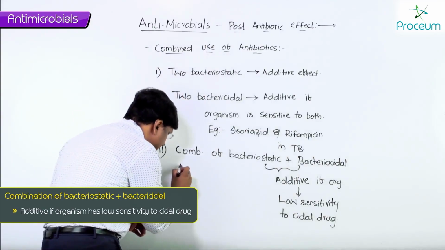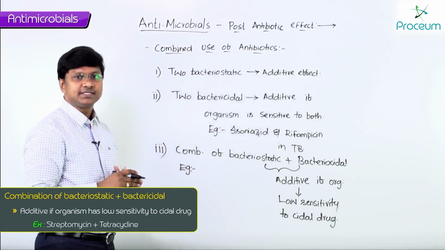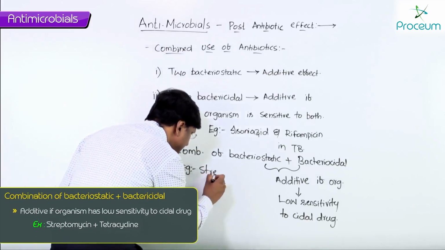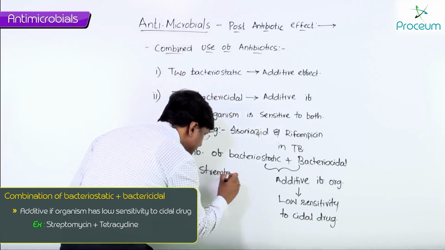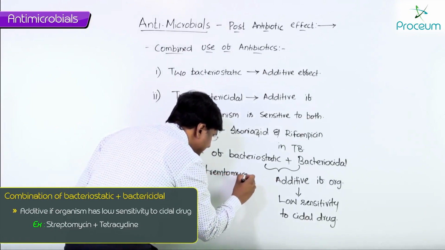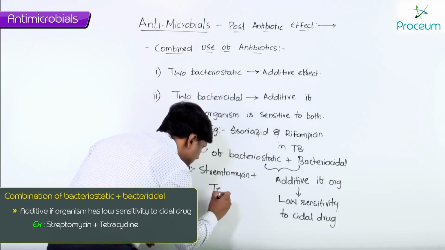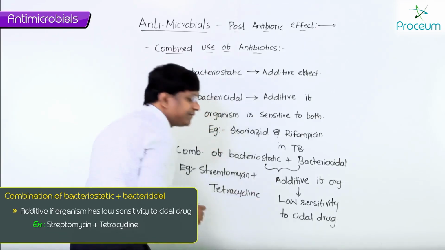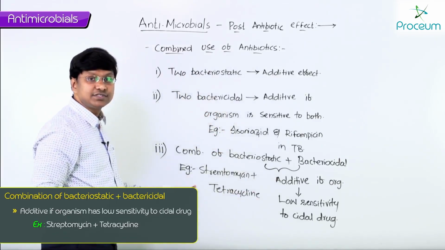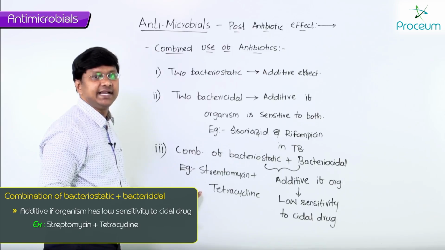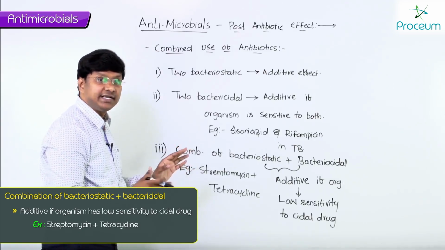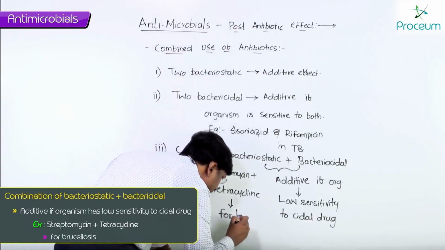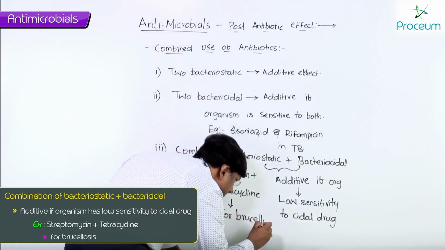For example, streptomycin plus tetracycline. Here the bacteriostatic and bactericidal combination is additive for brucellosis.